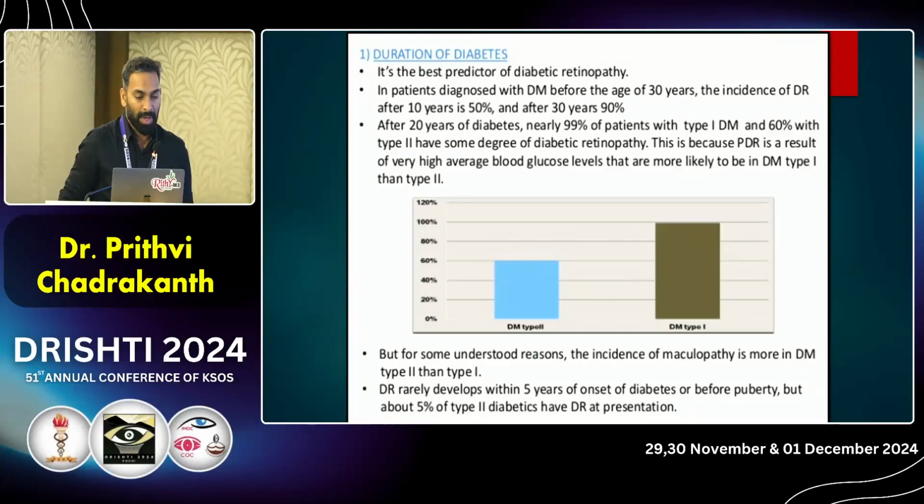Duration of diabetes is the best predictor of diabetic retinopathy. In a patient diagnosed with diabetes mellitus before the age of 30 years, the incidence of DR after 10 years is 50% and around 90% at 30 years. And after 20 years of diabetes, nearly 99% of patients with type 1 and 60% with type 2.